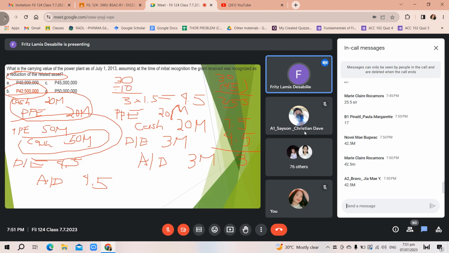Just a trivia, actually not trivia: the effect on income would be the same for both cases. In this case, on this page, we have an additional expense of 3 million, depreciation expense. The effect of this additional depreciation expense is a deduction to net income of 3 million.